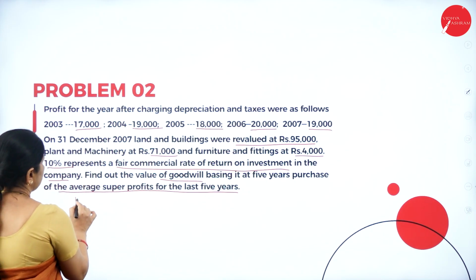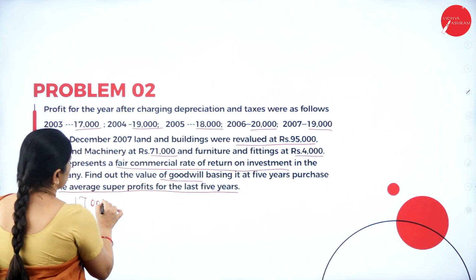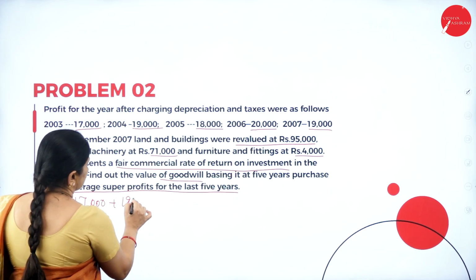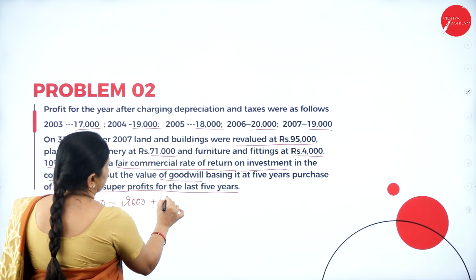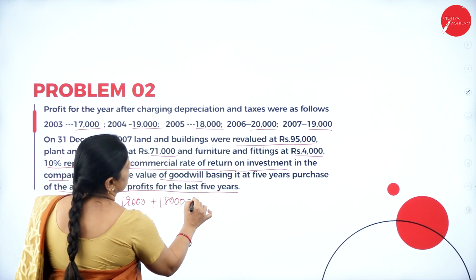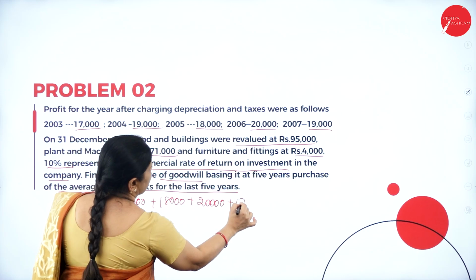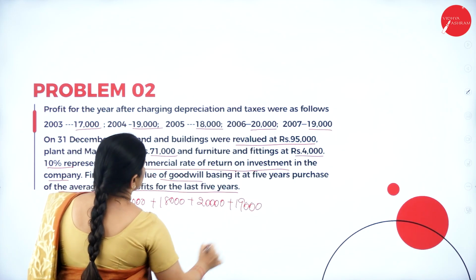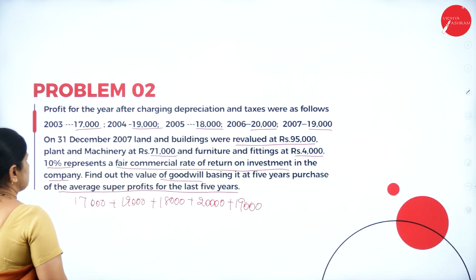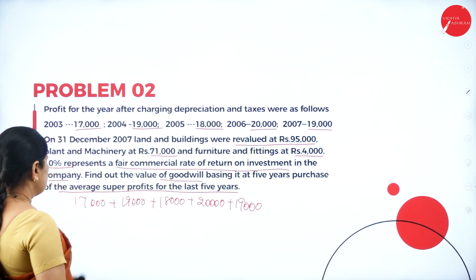So, what are the profits? 17,000 plus 19,000 plus 18,000 plus 20,000 plus 19,000. So, when you add all this, what will be the answer?